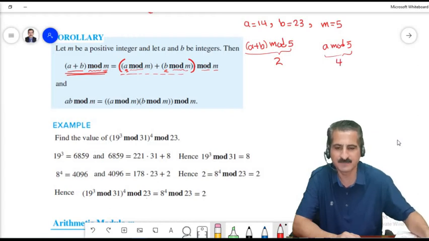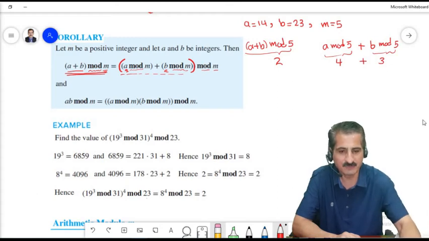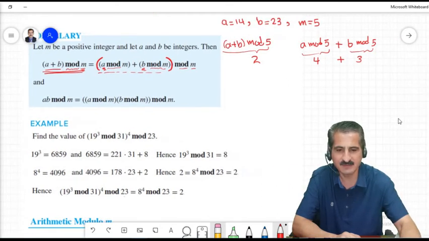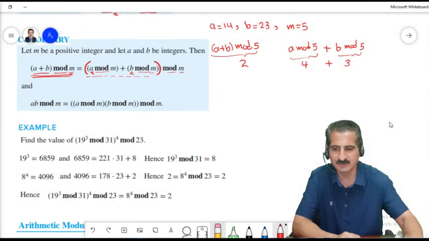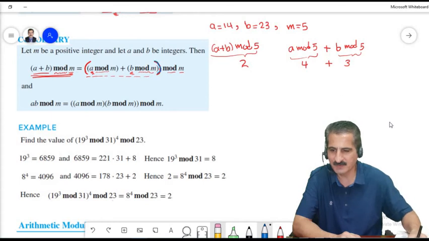And take the remainder of dividing b by 5. b is 23, so the remainder is 3. Add them. What do we get? 4 plus 3. Right? Now what do we do? Let me use blue color and go back to these parentheses and give them blue color.